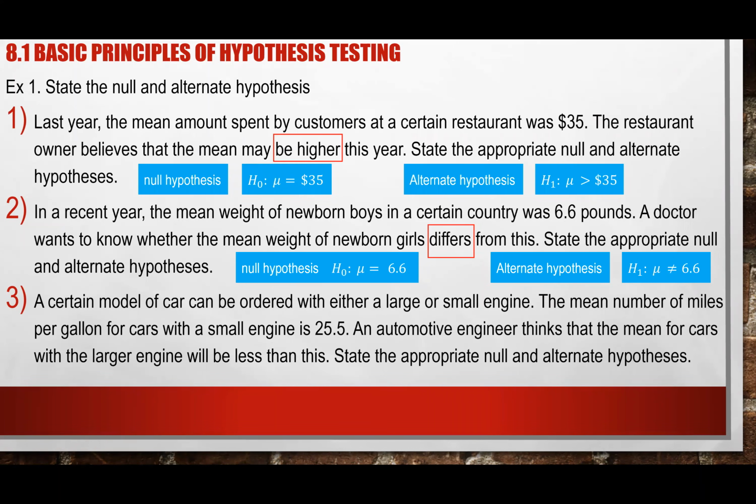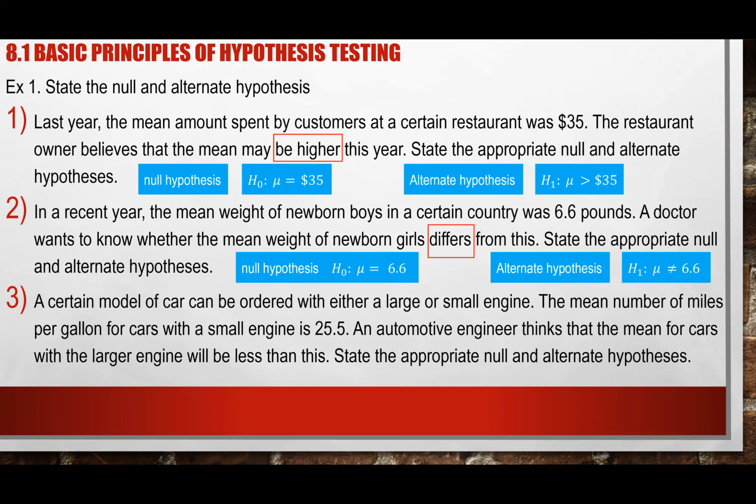Just like any other problem, your goal is to find the key word. If it's not equal to, not the same, or different, then it's not equal to. If it's greater than, more than, higher, above, you use the greater than sign.